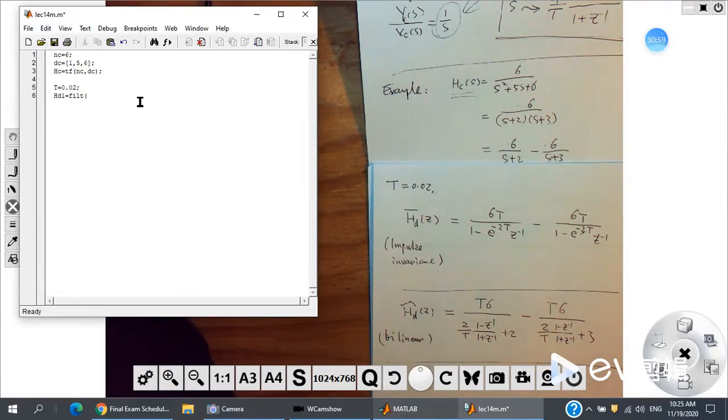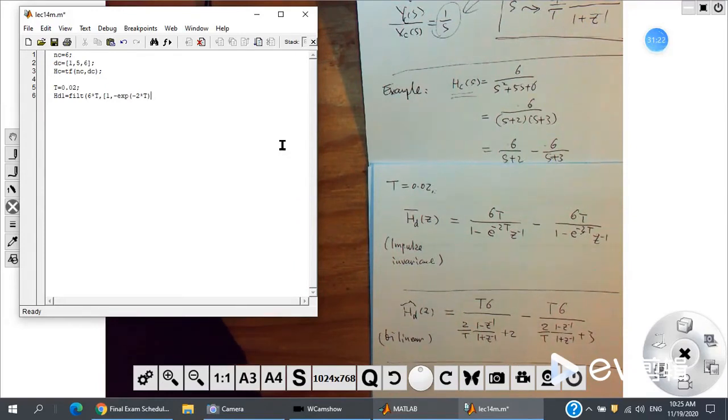The numerator is 6 times T, and the denominator is 1 and the negative exponential power of negative 2 times T. Okay, that's it. We can leave the calculation to the computer.